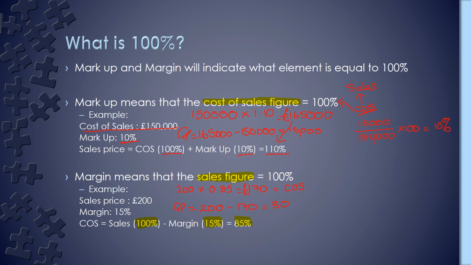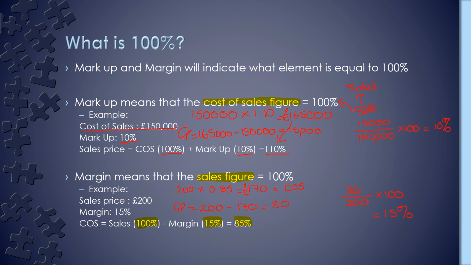Now to work out what our margin is, we need to use the other formula that we've been talking about, and we want to then do 30, our gross profit, divided by, we're using margin, so remember it's all in, so we're using the sales price. We're going to divide it by 200, times it by 100, and that will bring you out at a margin of 15%.